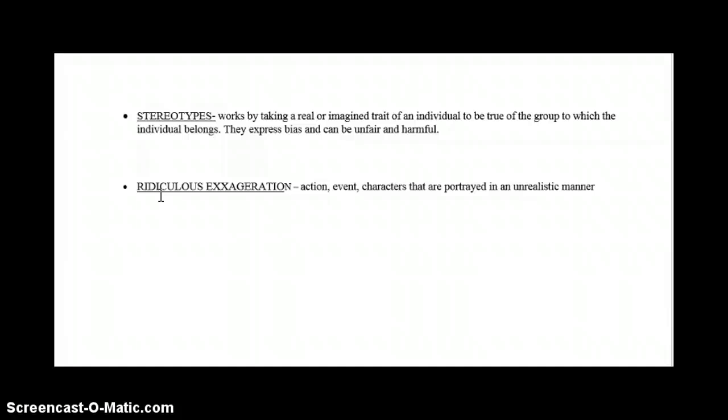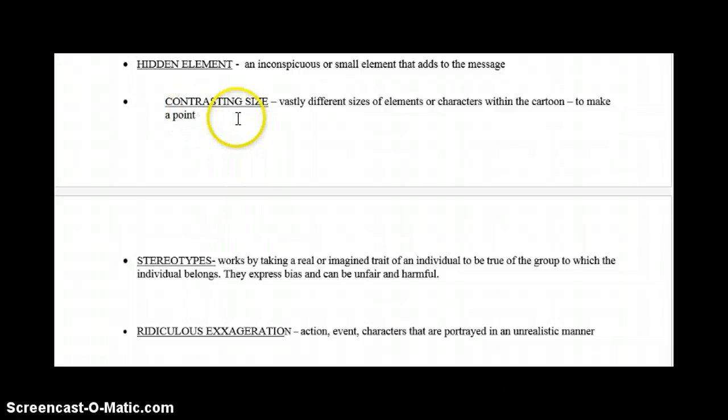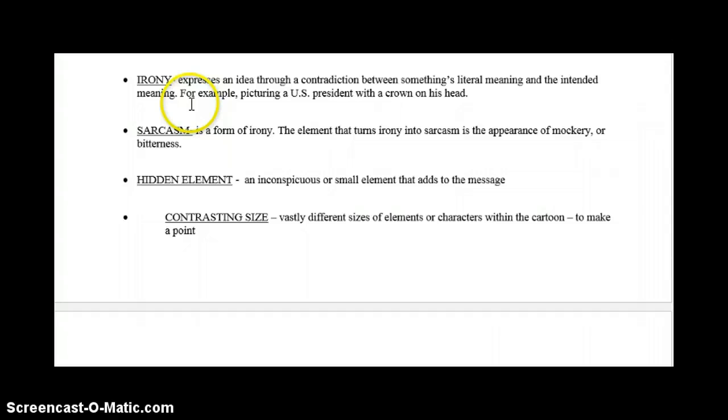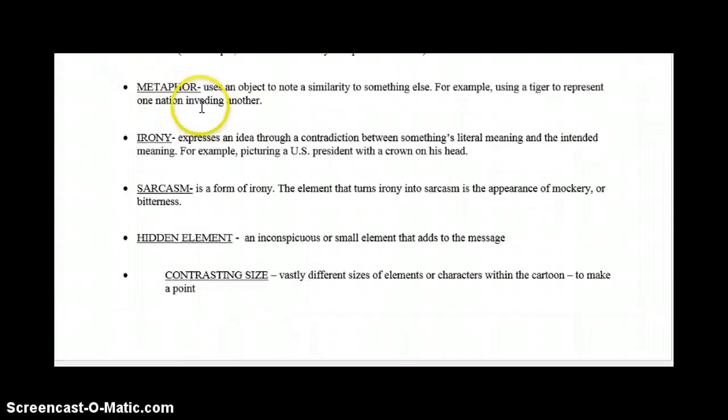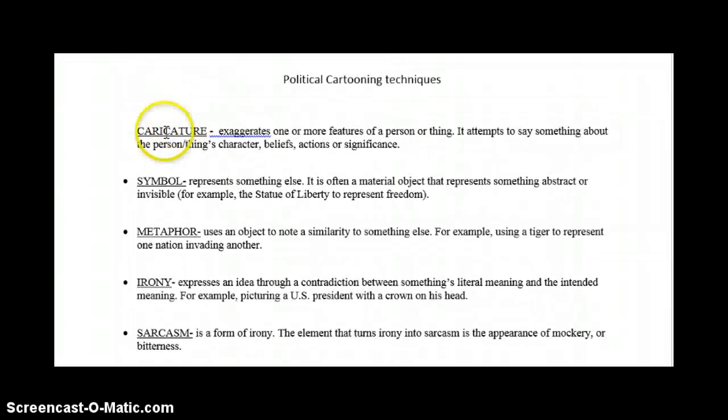We've looked at some of the various types of techniques: ridiculous exaggeration, stereotyping, contrasting size, hidden element, sarcasm, irony, metaphor, symbolism, and caricature. Now that we've done so, let's actually go about trying to interpret a political cartoon.